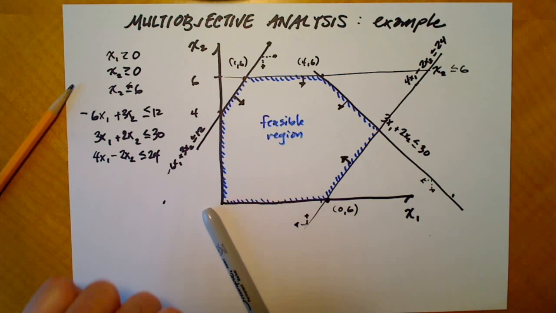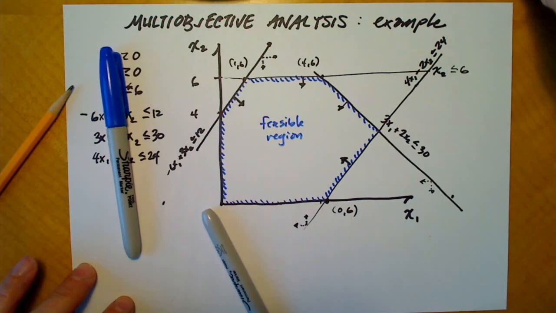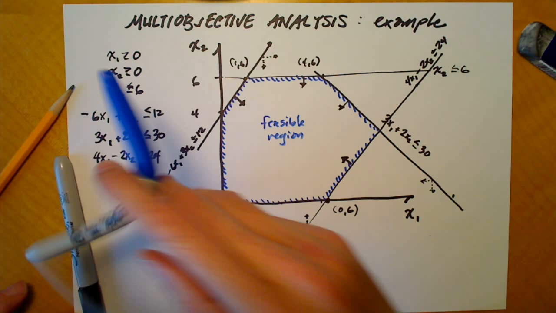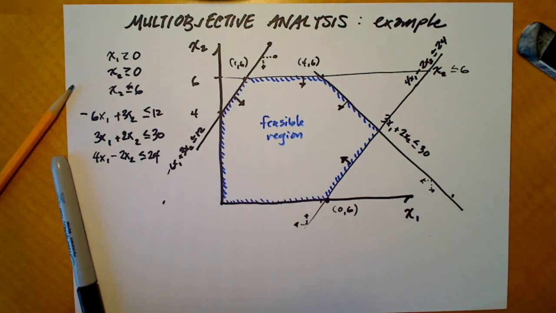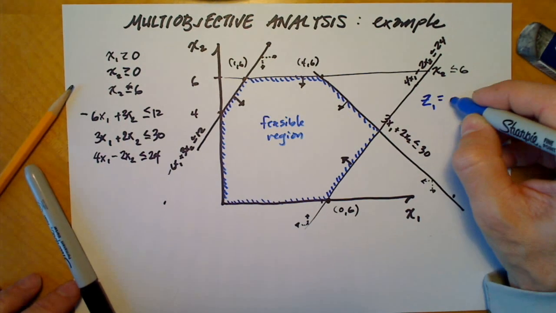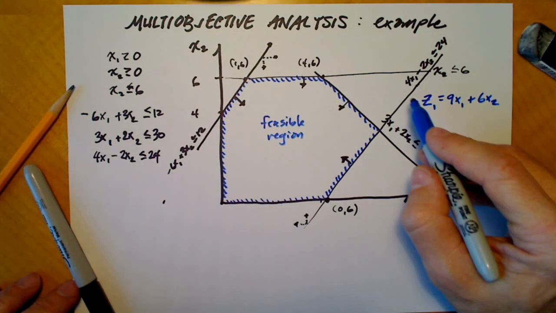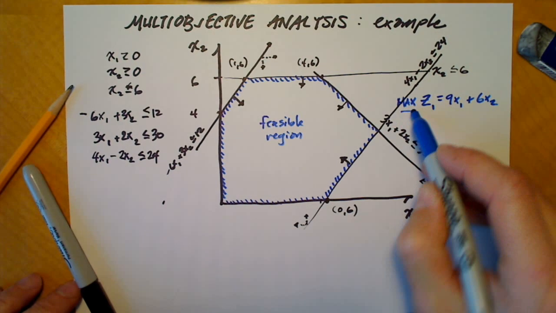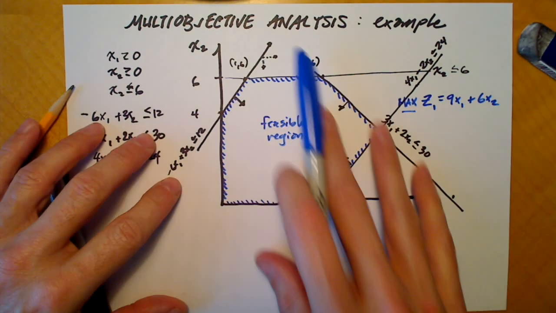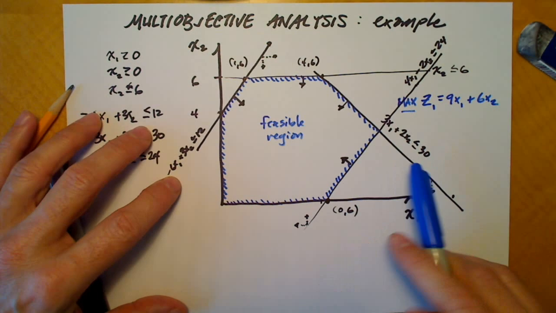The question remains, which of all of these is the best solution? And for that, we need an objective function, because the objective function is how we measure the merit of each solution. In this problem, the first objective function, z1, equals 9x1 plus 6x2, and the objective is to maximize it. We can begin to systematically test the extreme points, but we're going to use our intuition before we go that far.